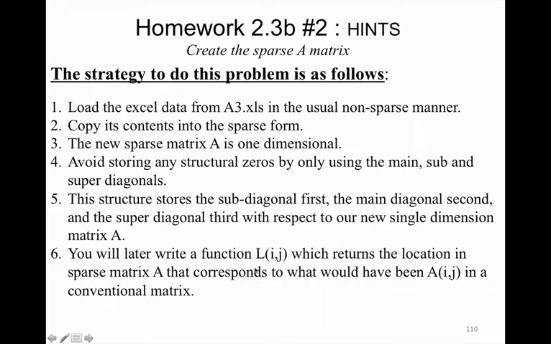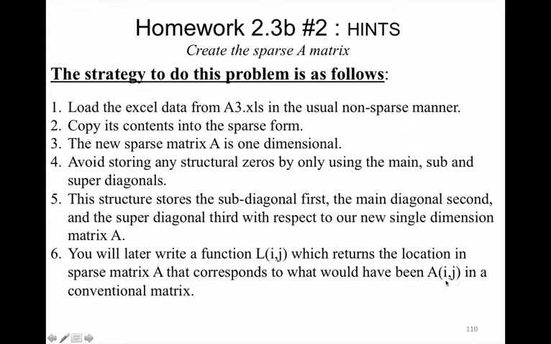Okay, later you're going to write a function called L that, given row and column, and actually the row dimension, I should add that here as a comma n, you'll see that later, and that will return the location within this sparse matrix A for which the logical value at ij exists.